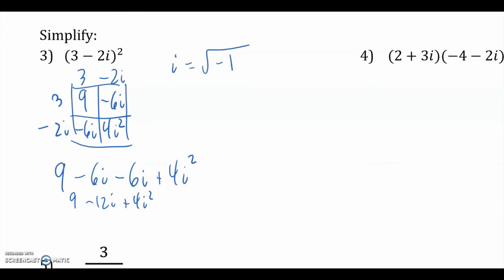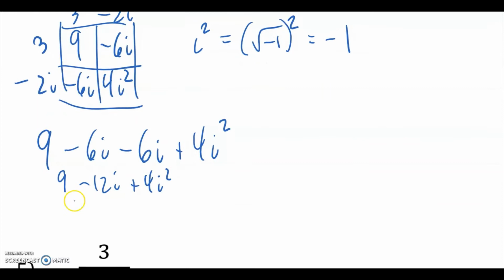So if I square both sides, i squared, the square root of -1 squared, which eliminates the square root. So i squared is -1. So then, to simplify even further, 9 minus 12i plus 4 times -1, that's -4, and -4 plus 9 is 5. So your ultimate, most simple answer is 5 minus 12i.